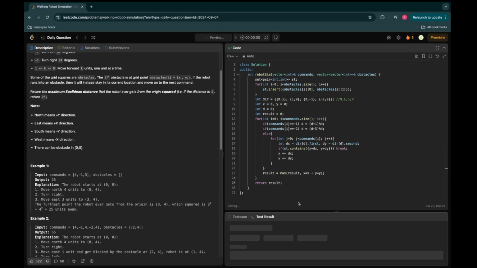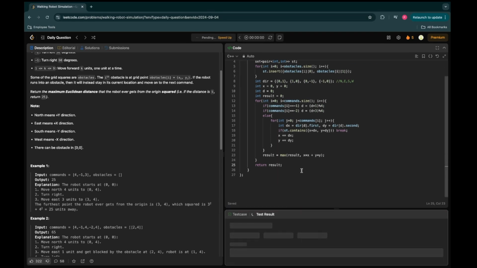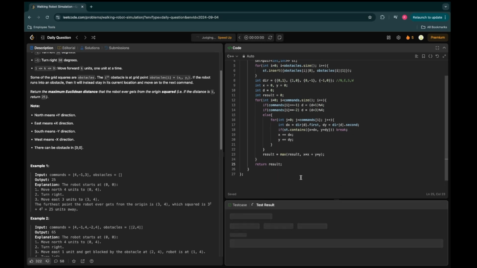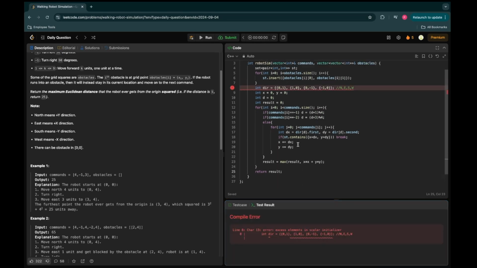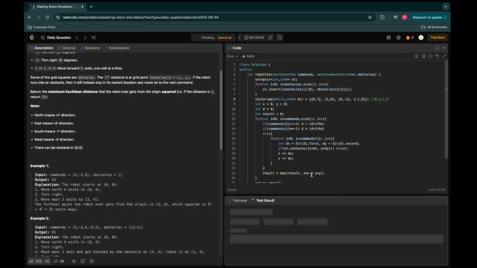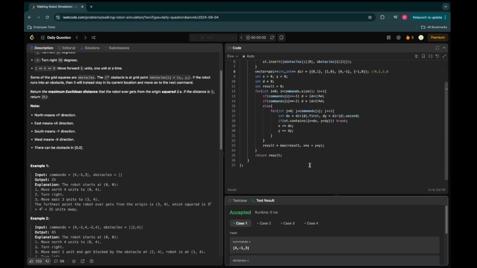So now let's try running this. Sorry, I have declared it as int, which should be a vector of pair of int comma int. Yeah, so it's working fine. Let's try submitting it.